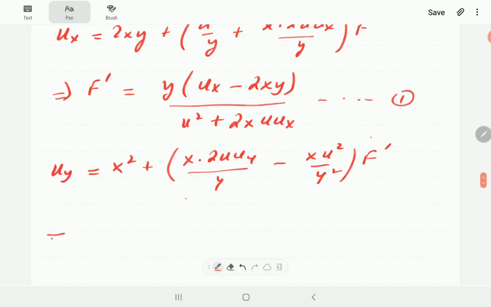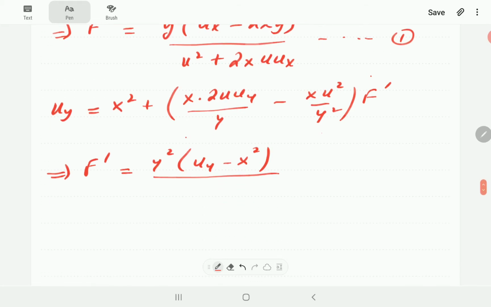And then again, if we make f prime the subject of the formula this time, we're going to get f prime is y squared into uy minus x squared. Just take this term to the left hand side, and then this is all going to be divided by x into 2y uy minus u squared.